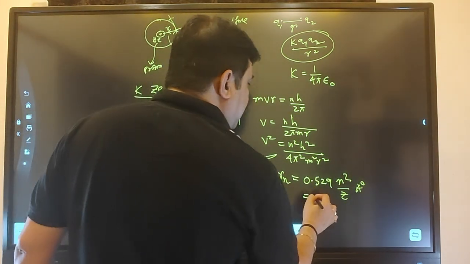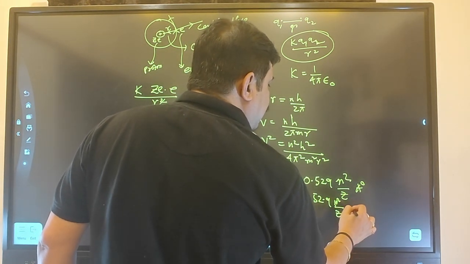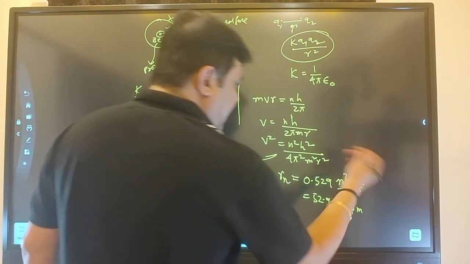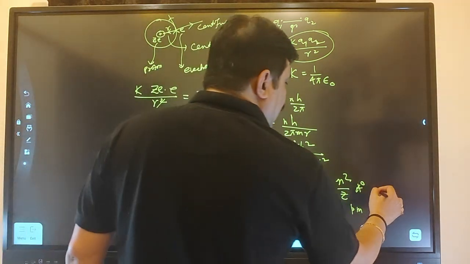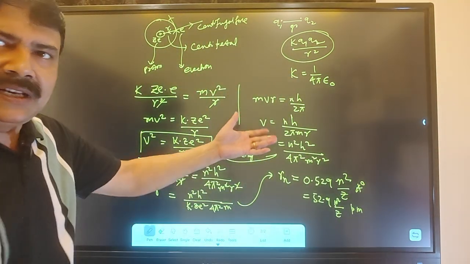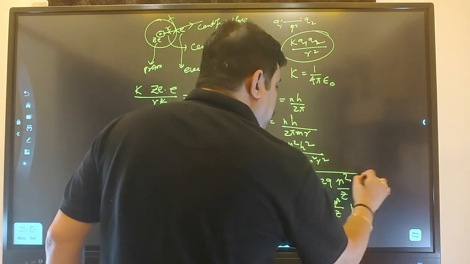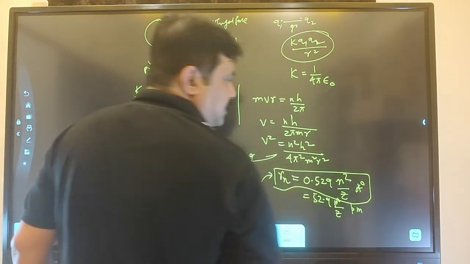In picometer, it will be nothing but 52.9 into n square by Z. And if you want to convert angstrom to meter, you have to multiply with 10 power of minus 10. For centimeter, 10 power of minus 8. But these things you compulsorily have to remember.